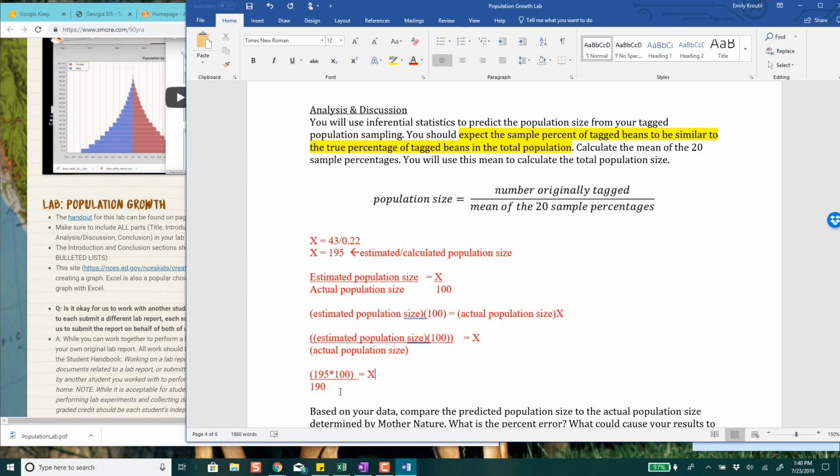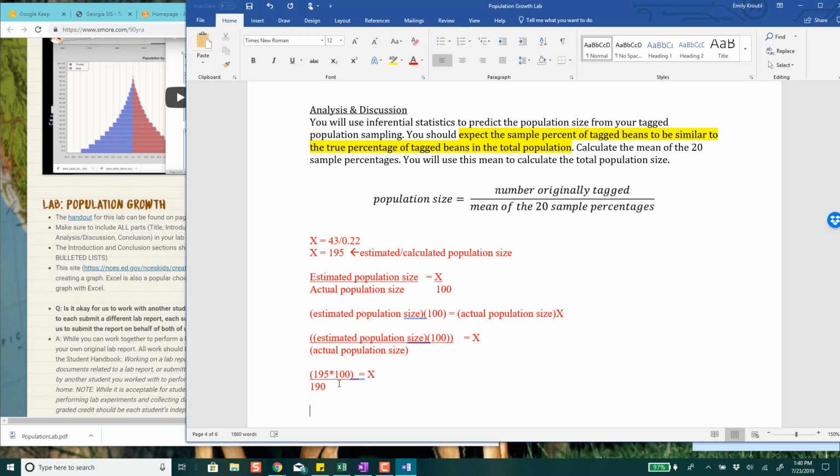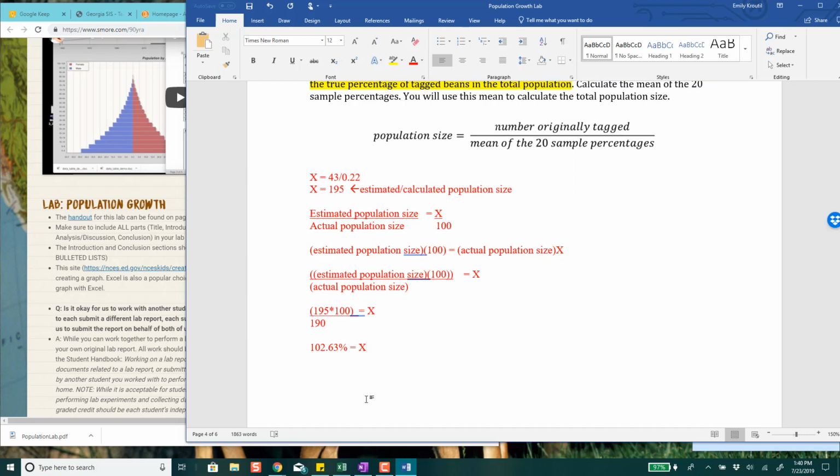Let me put that in my calculator. So I'm going to get 102.63%. Okay, so that means it's 2.63% more.